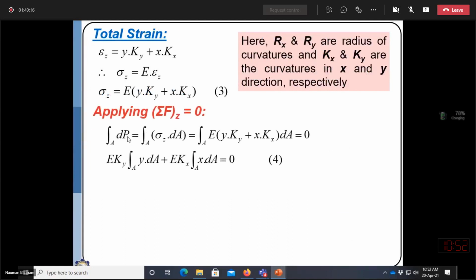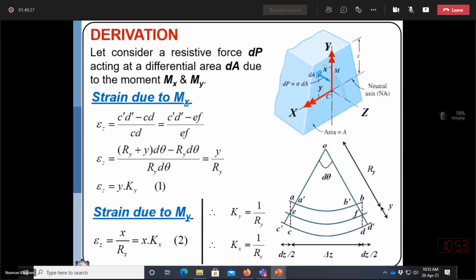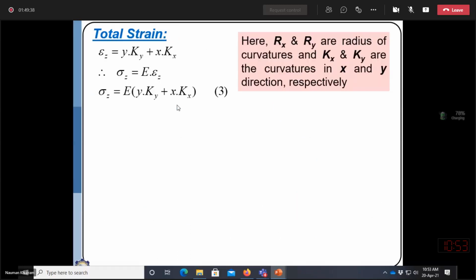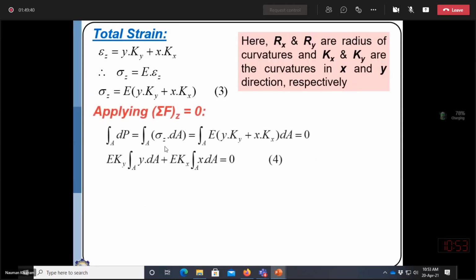So dP will be equal to sigma z into dA, and we are assuming that the stresses at any fiber at any point are uniform, or that the maximum stress that can be produced is constant in any cross section. So sigma z can be taken outside.